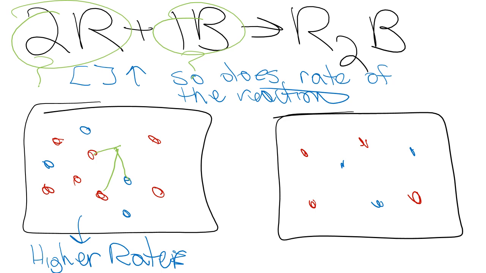And the reason for that is because if it was just red and blue, and that's all that had to happen for a reaction to occur, it's going to be pretty simple.